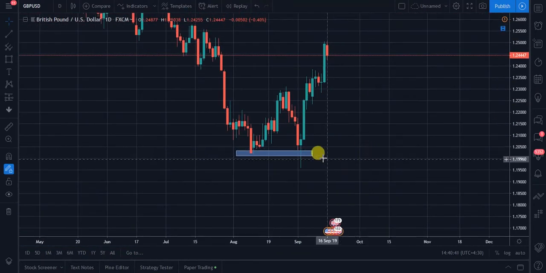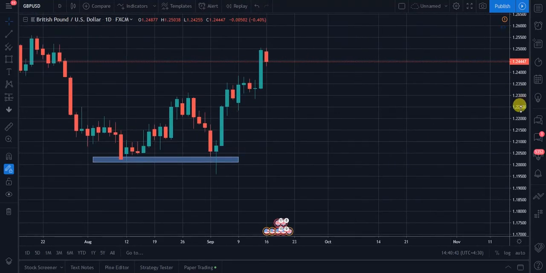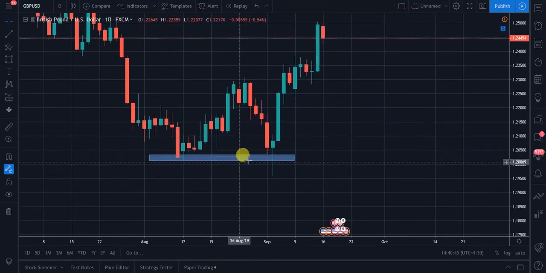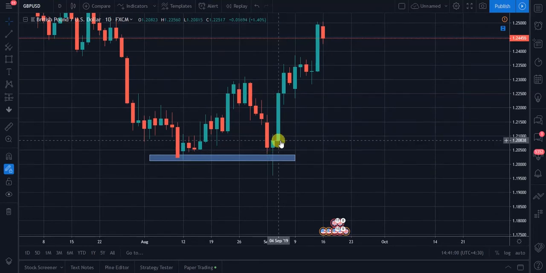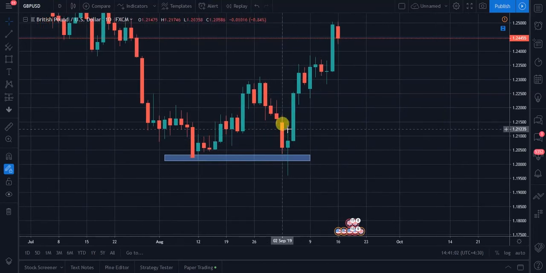So in the 4 hour time frame we saw the breakout, but in the daily time frame this was a fake breakout. See, this shadow comes down and comes back up here, closes here. So in the daily time frame we can see a hammer like this.